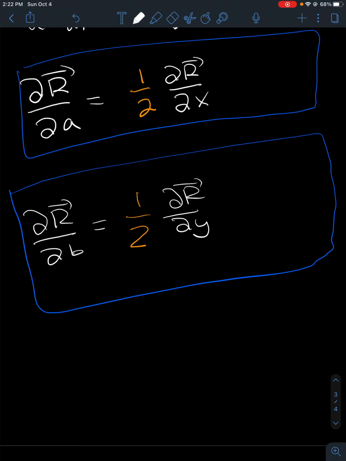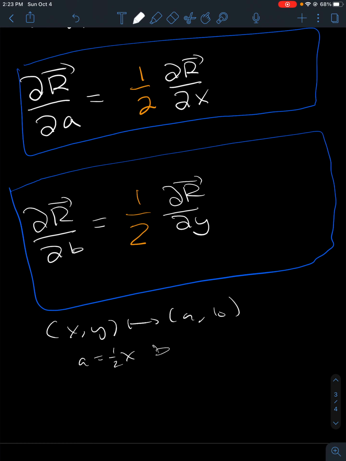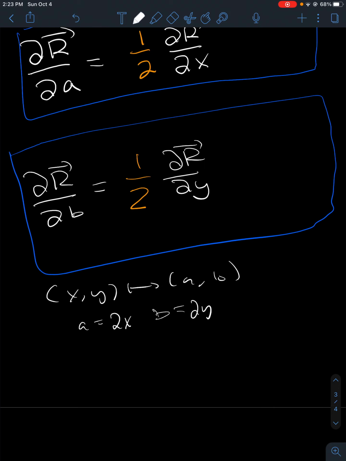The b vector is 1/2 of the y vector. And that's from the system xy to ab, where a equals 2x and b equals 2y.